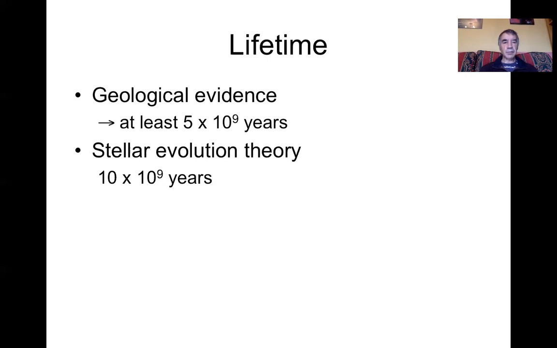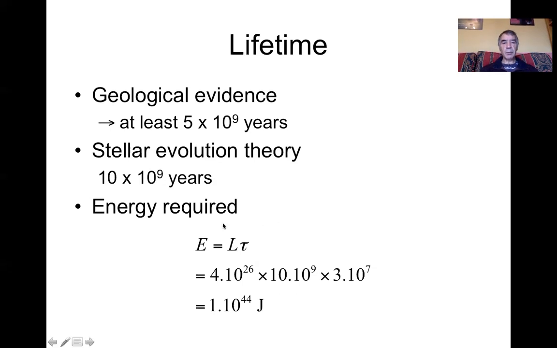Okay, so if we now take that number, we can work out the total amount of energy that's going to be required to power the sun throughout its entire life. To do that, we're going to make an assumption that the rate at which the sun is losing energy, the luminosity, okay, so we've already introduced the term luminosity.